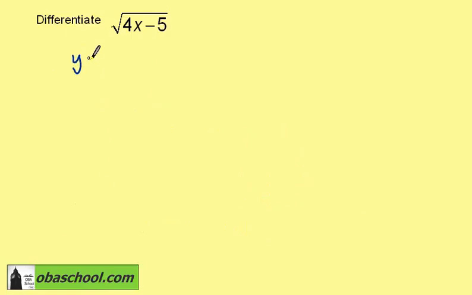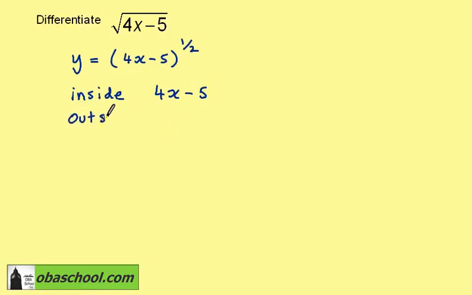Let's look at the second approach. Once again, y is 4x minus 5 to the half. We can see here that the inside function is the 4x minus 5, and the outside function is going to be just x to the half.